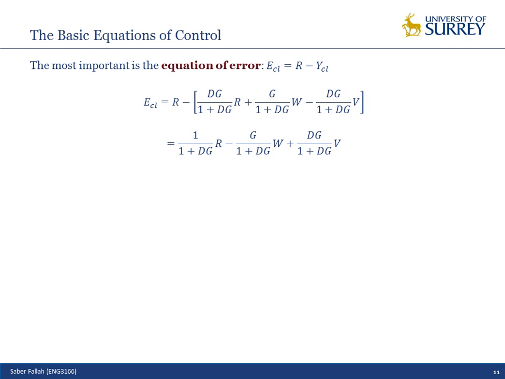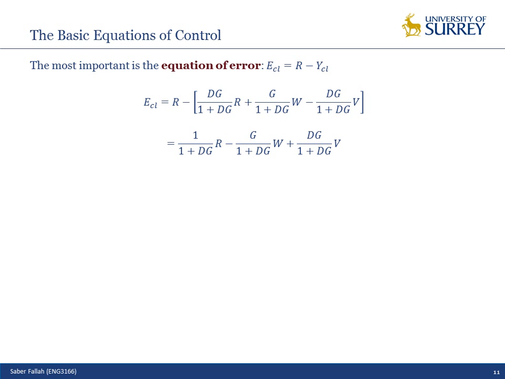So it doesn't matter how big or how severe the disturbance is. Because this ratio is 0, the closed loop system will reject it. The effect of W on the final response will be almost 0 on the closed loop error. The same here. If this ratio is very small, almost 0, sensor noise won't affect the overall response of the system.